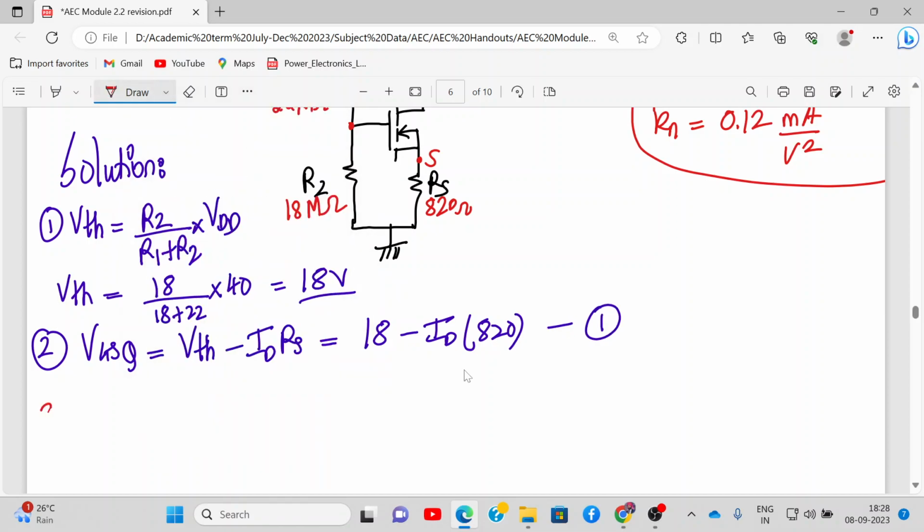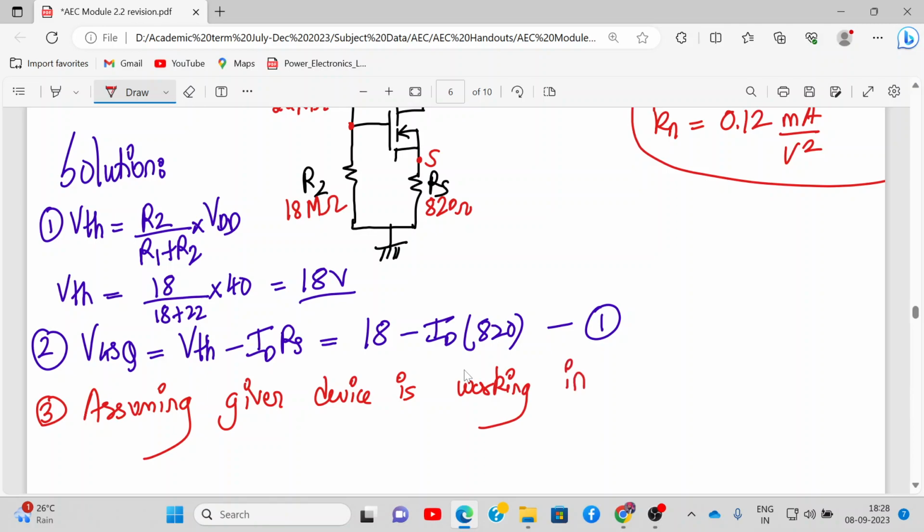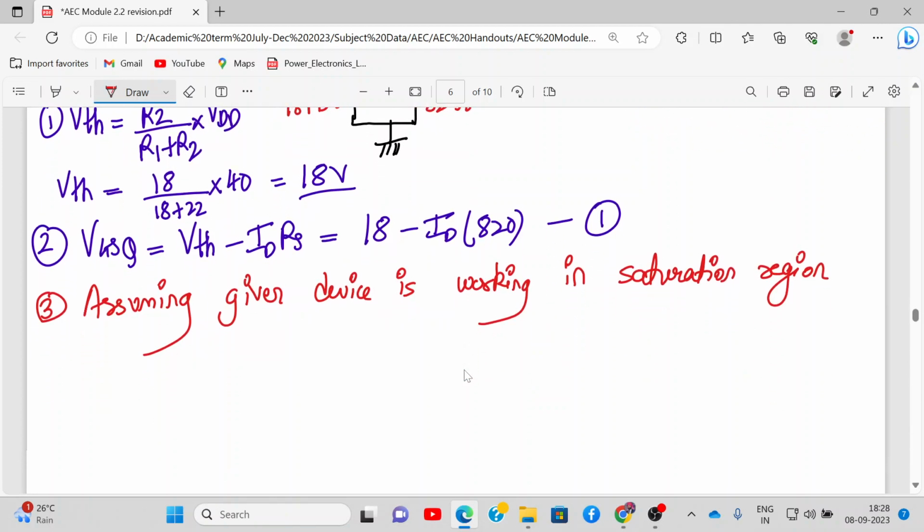Now what do we write next? Assuming the given device is working in saturation region, correct? Then what formula do we write?